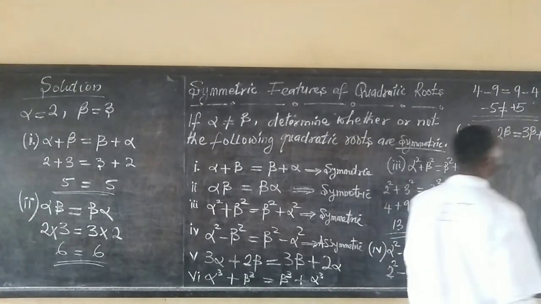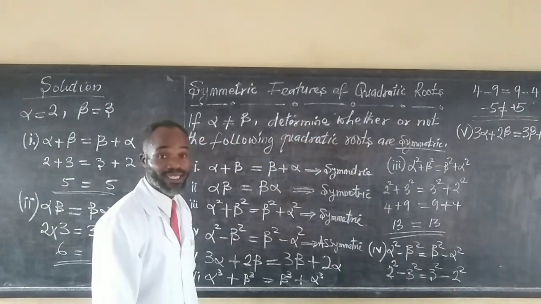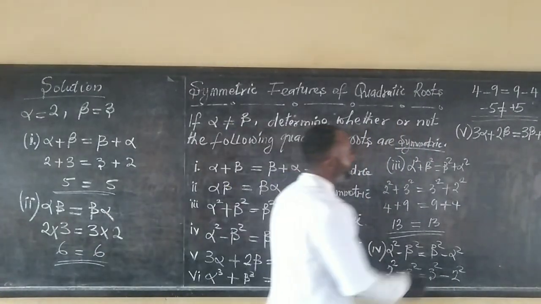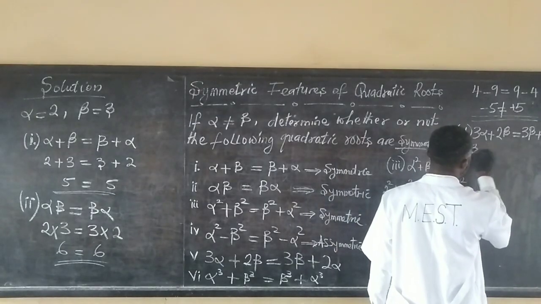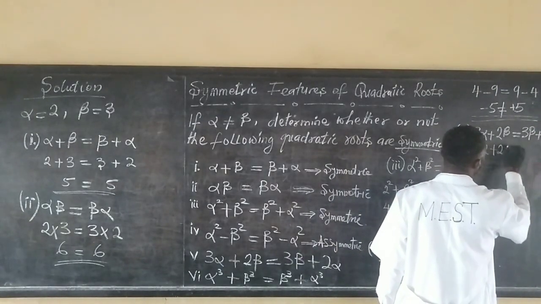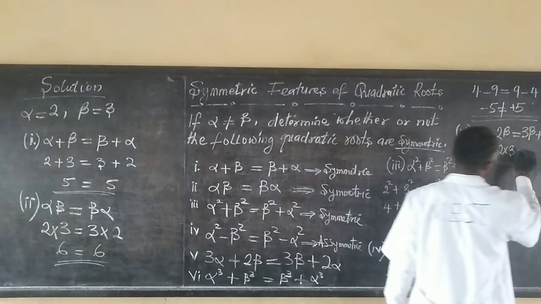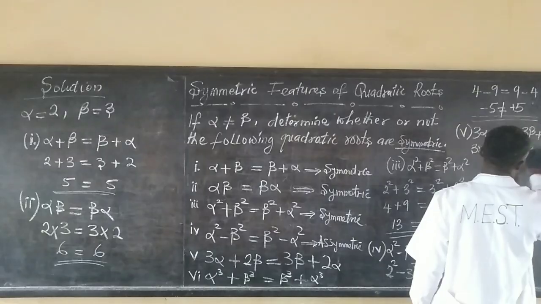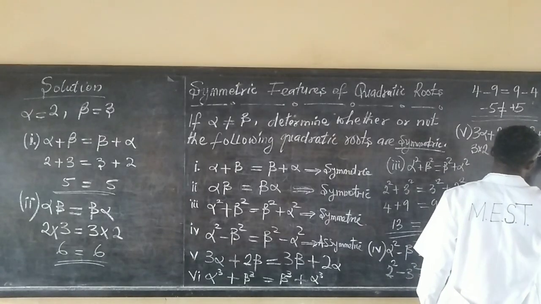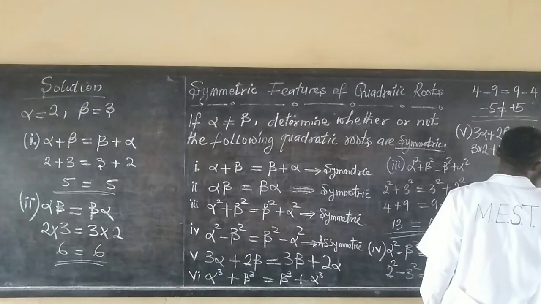So look at it. We substitute wisely. And this is 3 times 2 plus 2 times 3. Then we have here 3 times 3 plus 2 times 2.